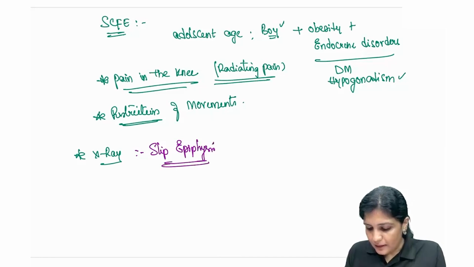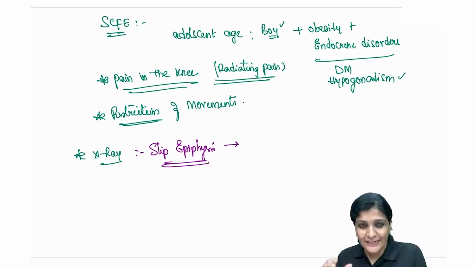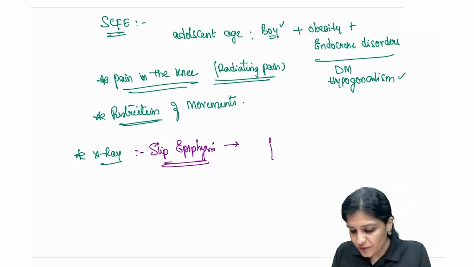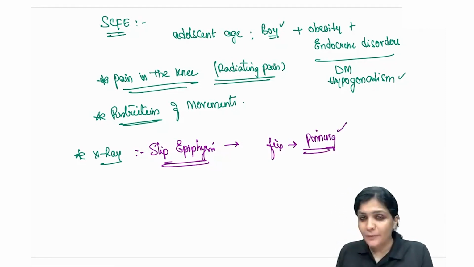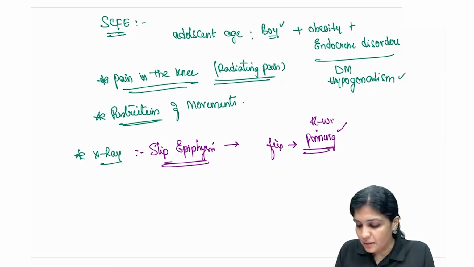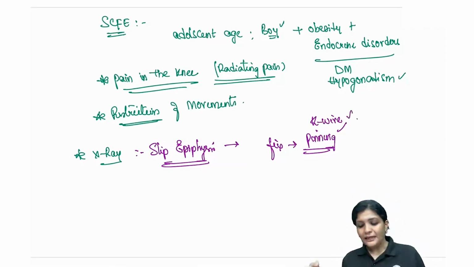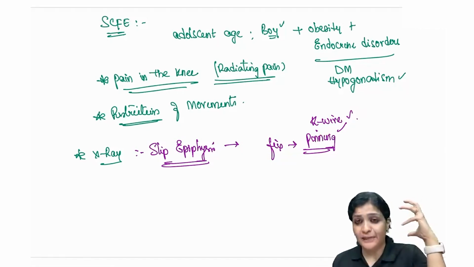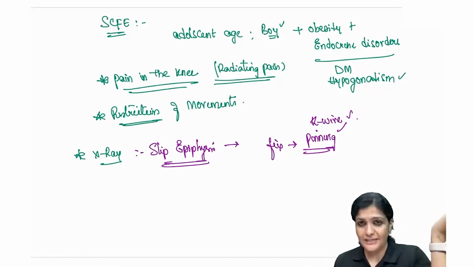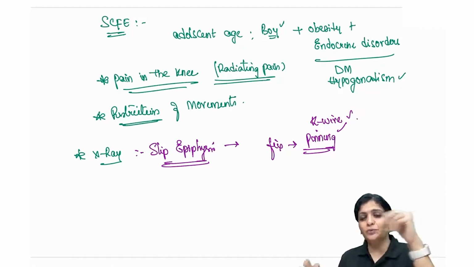So this is seen in the X-ray, and now what do you do? You fix it. How? Pinning. So you do percutaneous pinning or just K-wire fixation, that is nothing but pinning. This pinning is the fixation for slipped capital femoral epiphysis, SCFE, which usually presents with these characteristics.